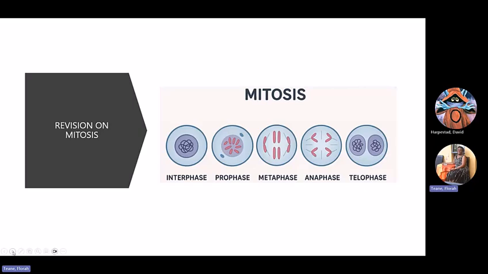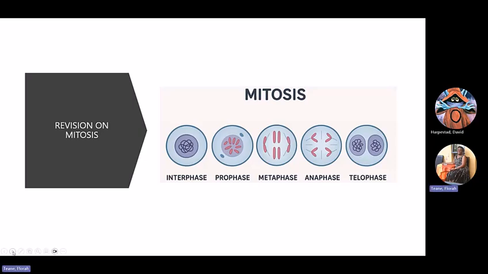Let's quickly go through these stages. During the prophase of mitosis, we have the chromatin that starts emerging as chromosomes, and some spindle fibers developing, with the nucleus, the nuclear membrane and the nucleolus disappearing.